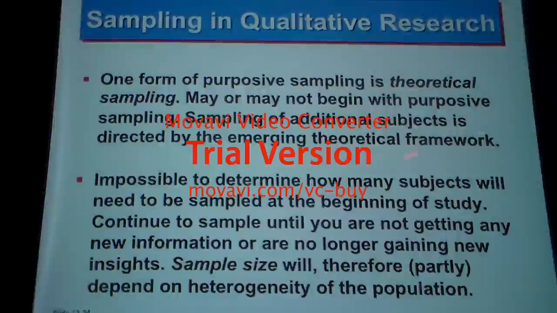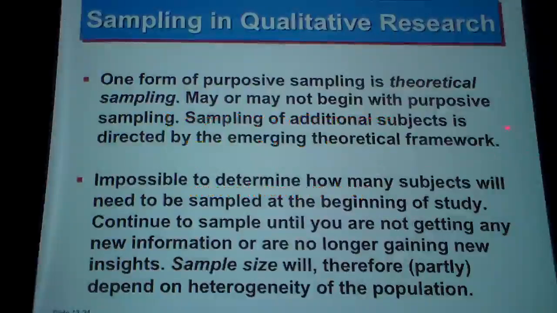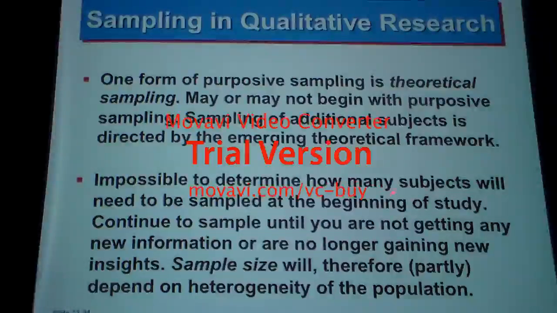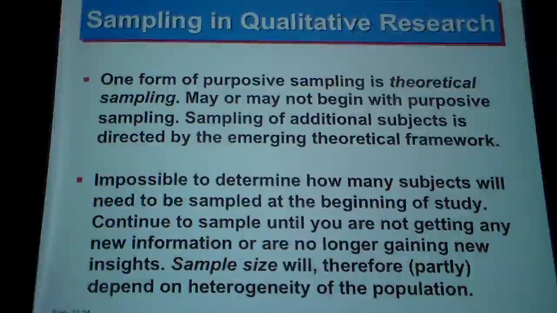Here you have a theoretical framework, and from it you select the way that you are going to get your samples. It is impossible to determine how many subjects will need to be sampled at the beginning of the study. Why? Because it is not fixed, it is not predetermined. So you don't know how many subjects you will need at the beginning of the study.